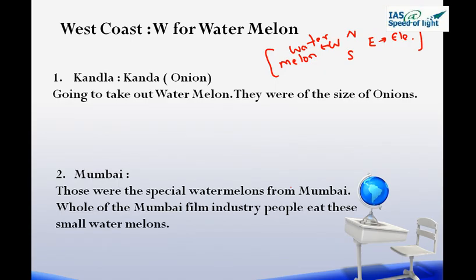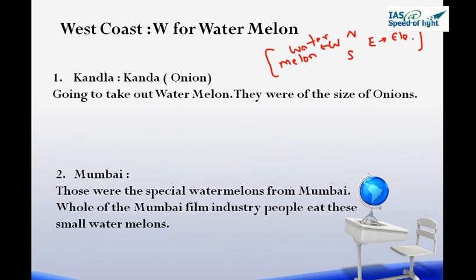Now we are going out to buy watermelon. Okay, in that process, to buy a watermelon, you went to the fruit stall where they sell watermelons, and there you saw these watermelons. Normally they are of big size, but this time they are the size of onions, like Kanda, like onion.